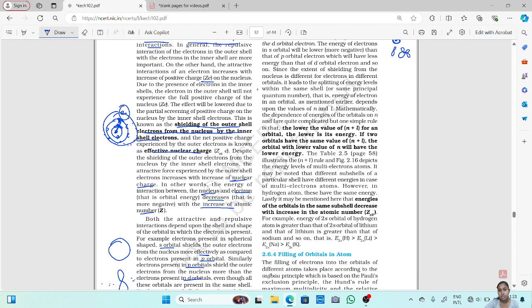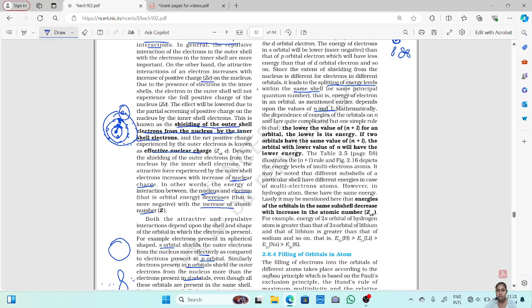Now this difference leads to the splitting of energy levels within the same shell or same principal quantum number. That is, the energy of electrons in an orbital, as mentioned earlier, depends upon the value of n and l. n is your principal quantum number, l is your azimuthal quantum number.